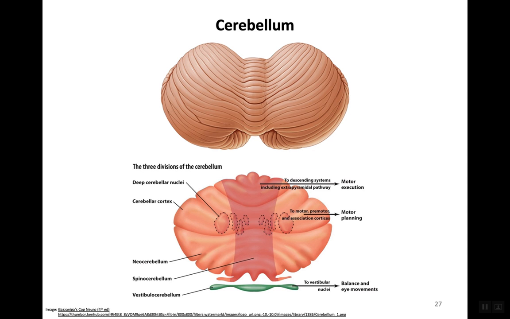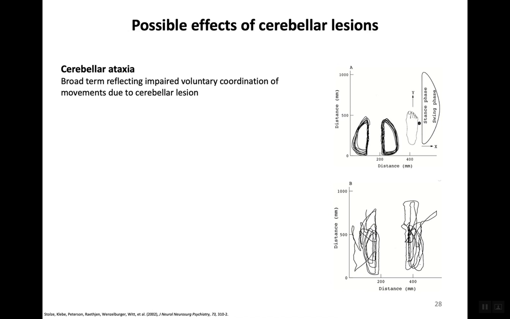A lot of these types of diseases or traumas result in what's called ataxia. And this is a very broad term that covers impairment of voluntary coordination of movement, often due to cerebellar lesion.